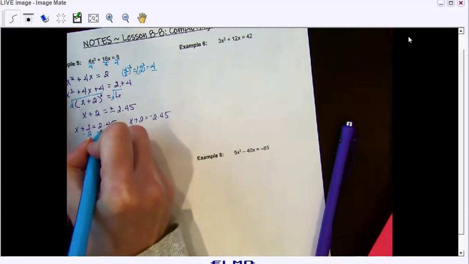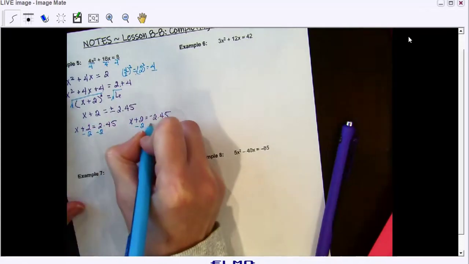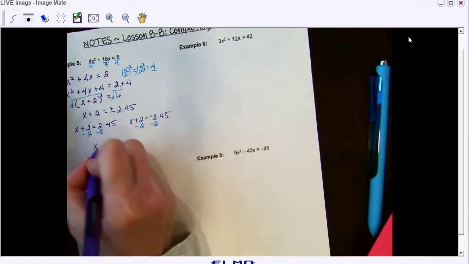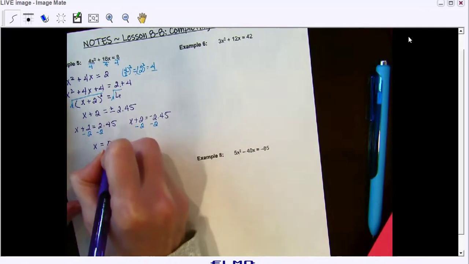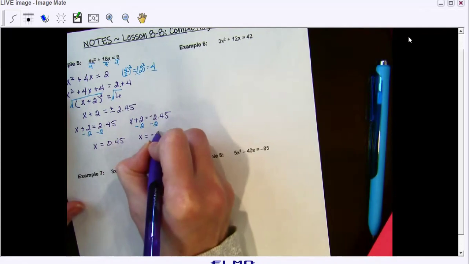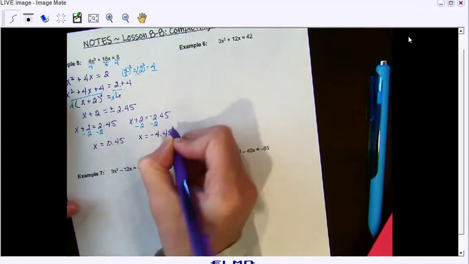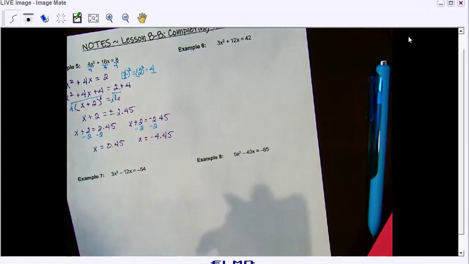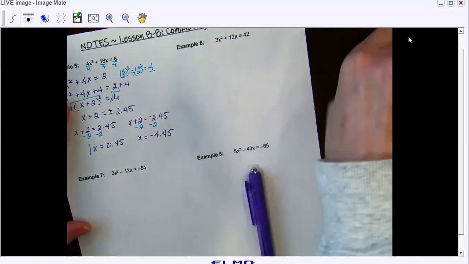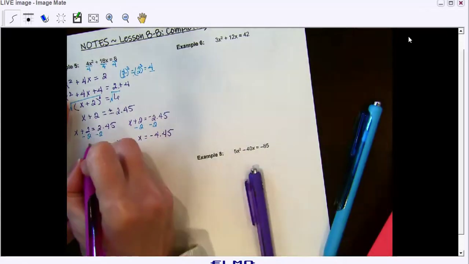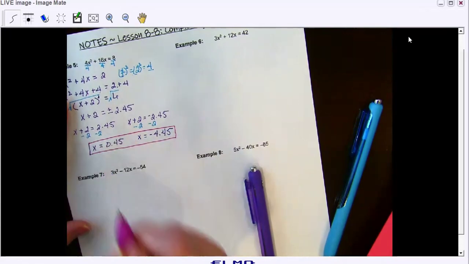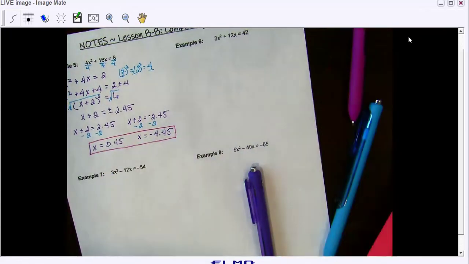Minus 2 on both sides, and you get x equals 0.45. x equals negative 4.45. Okay. All right, so there is that one.